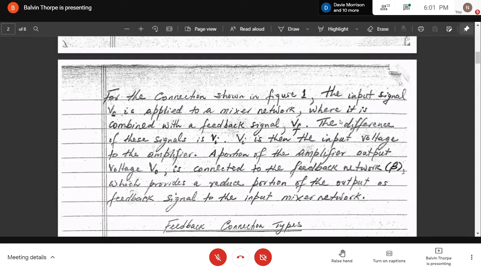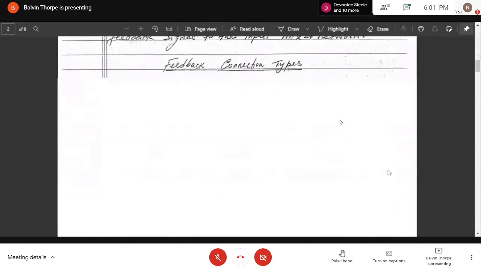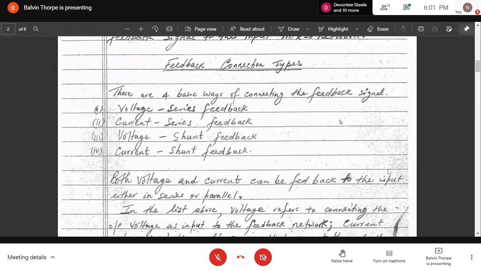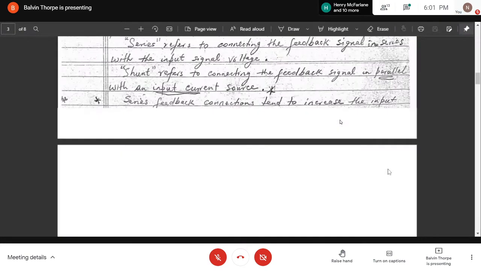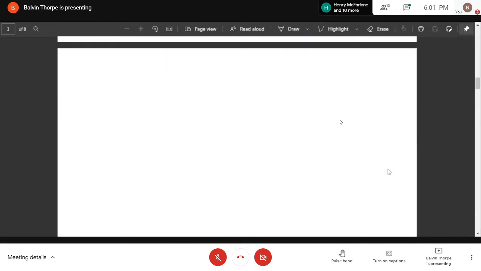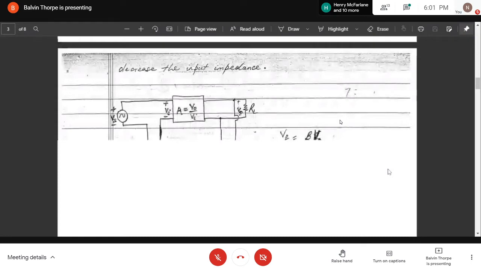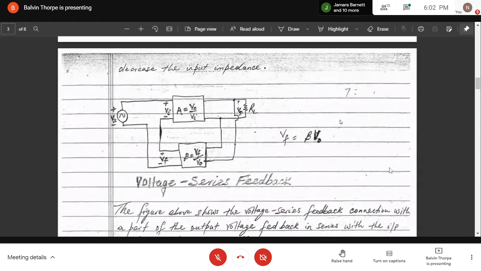So for the connection shown in figure 1. So this is figure one. So that's figure one.